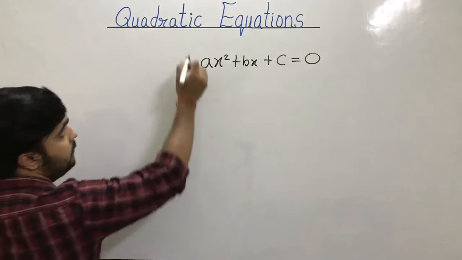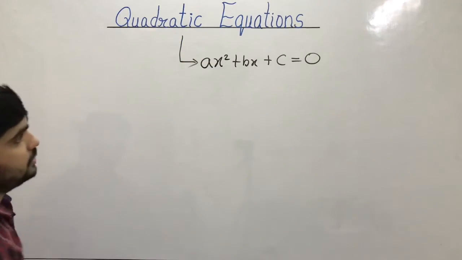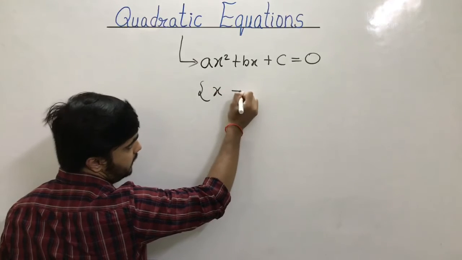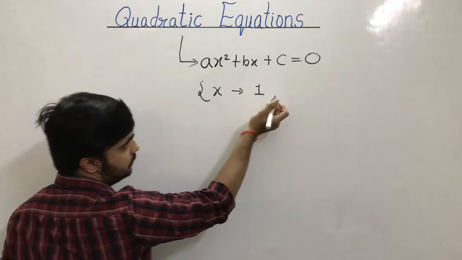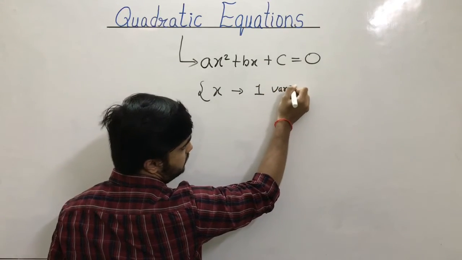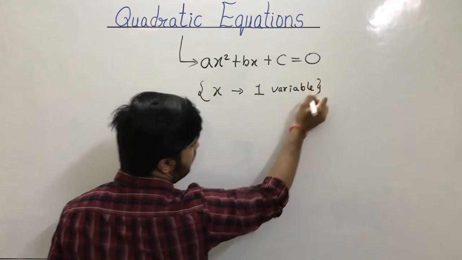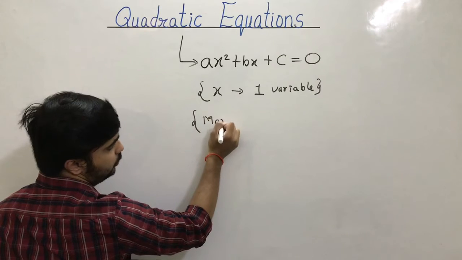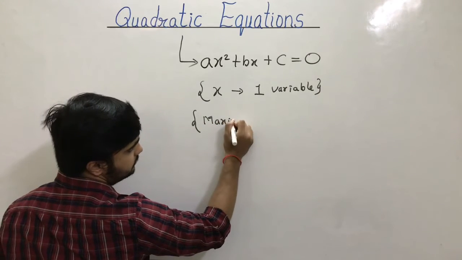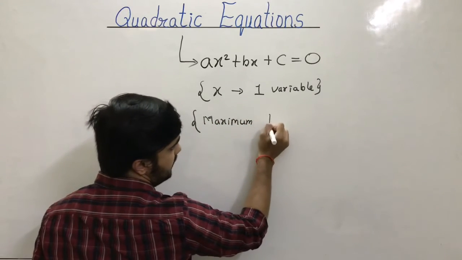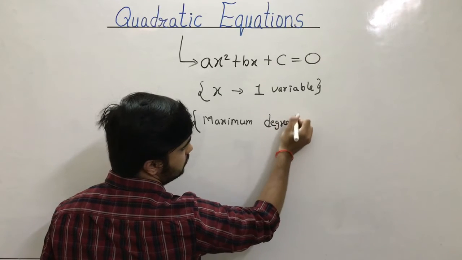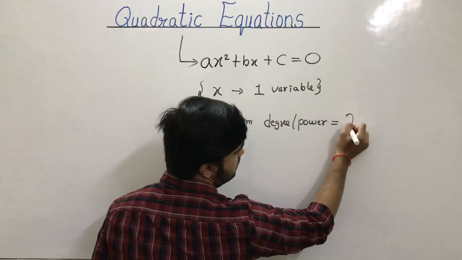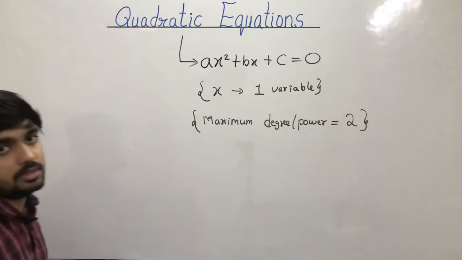In this we can see that x is the only variable, and the maximum power or degree in this case is 2.